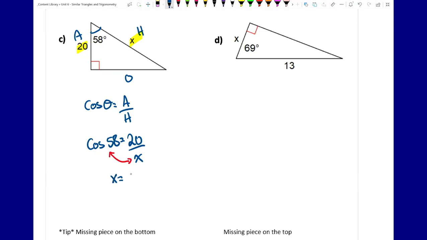So X is equal to 20 divided by cosine 58. And we should get 37.7.